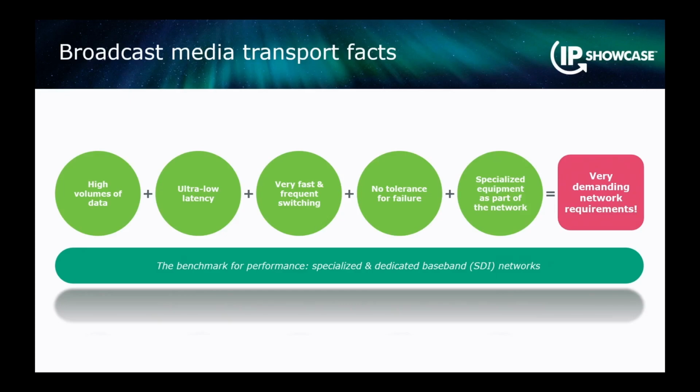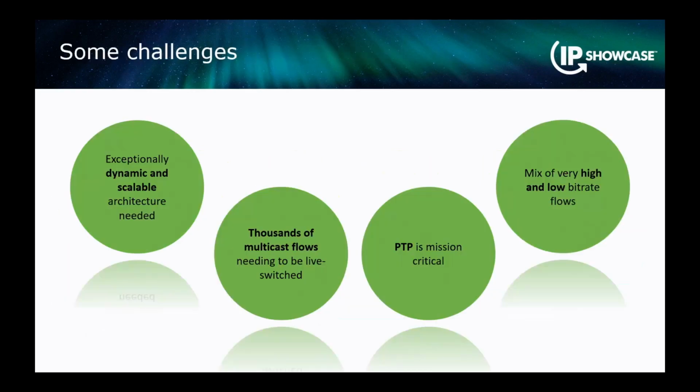So what are some of the specific challenges for media networks, and specifically for 2110? Well, I would like to highlight 4 main ones here. I put here as the first bullet, it needs to be very dynamic and scalable. We've been building a lot of networks, large ones, small ones.